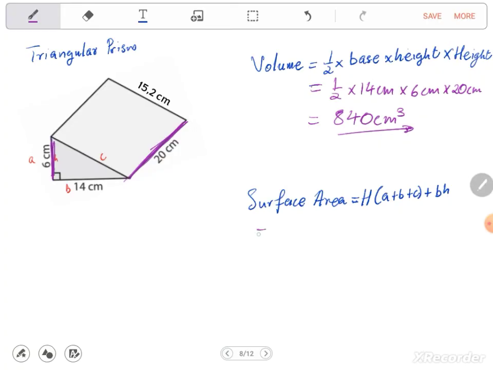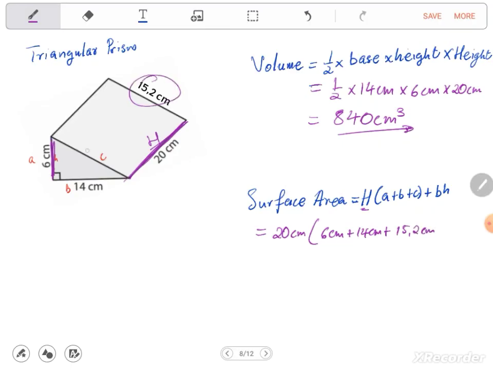Now for the surface area, we say the capital letter H is 20 centimeters. There it is here. And we have A, which is 6 centimeters, plus B, which is 14 centimeters, plus C, which is 15,2 centimeters.